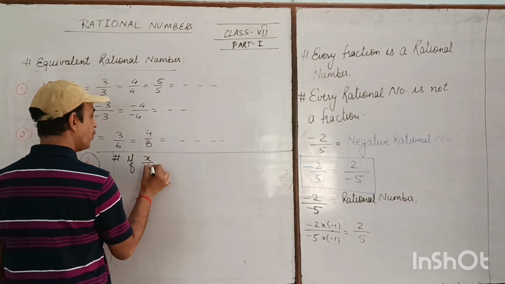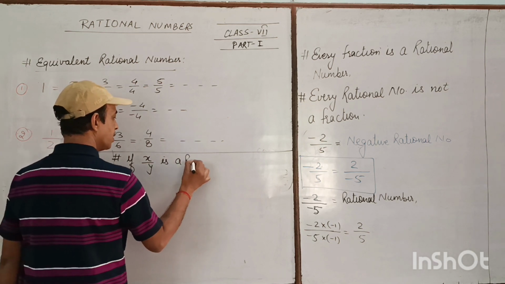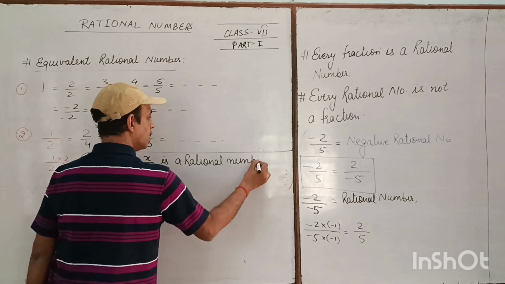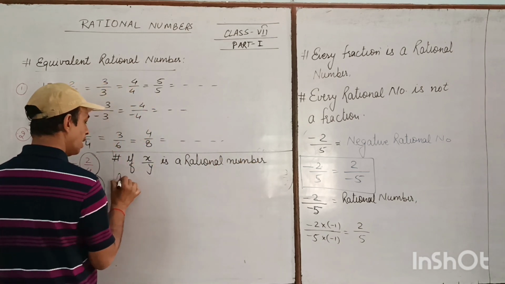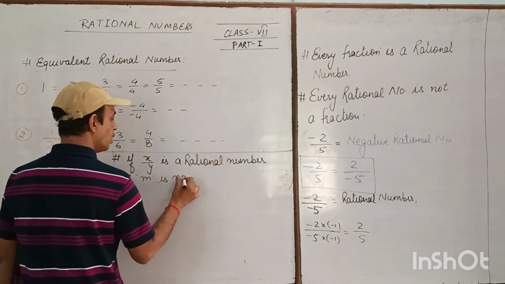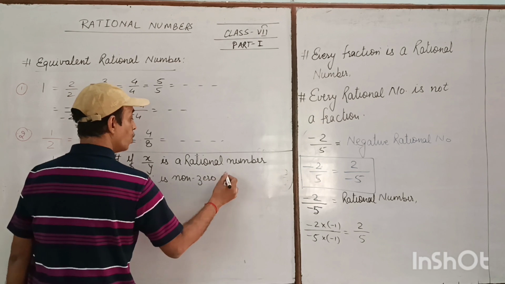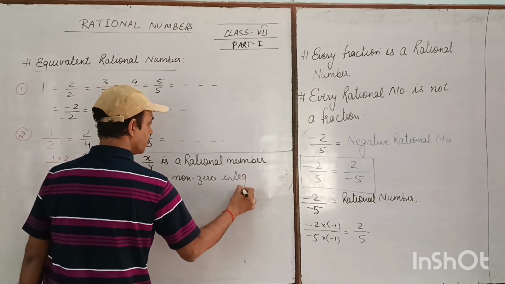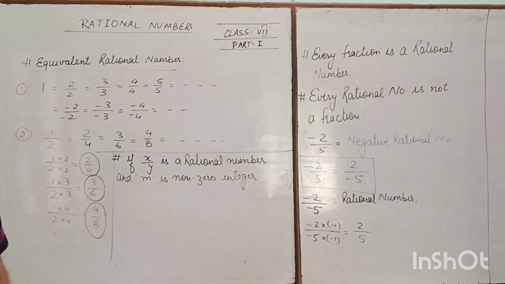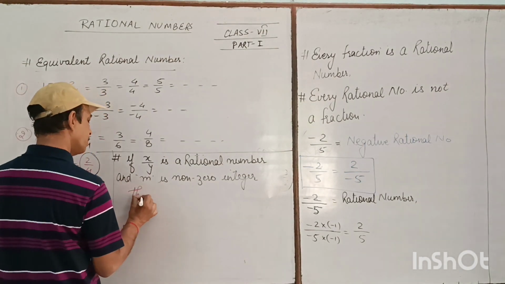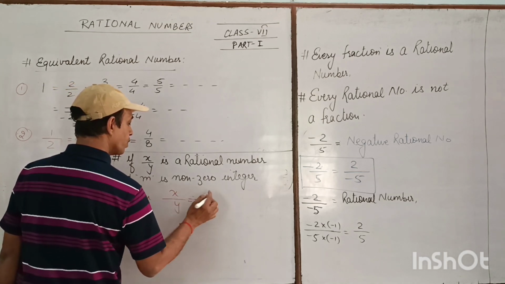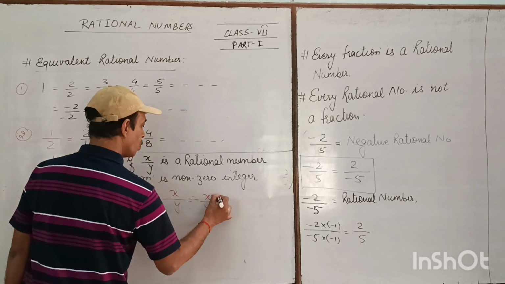If x upon y is a rational number, and m is some non-zero integer, then x upon y will be equal to x into m upon y into m.